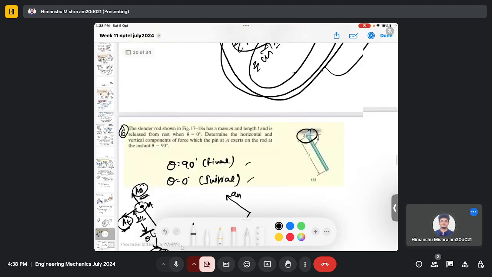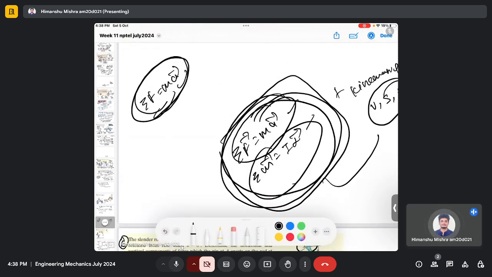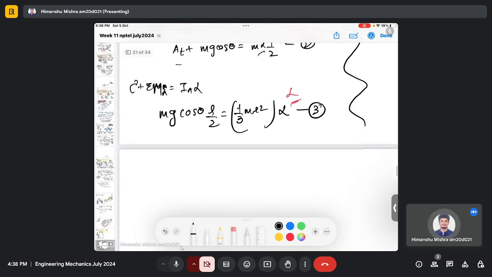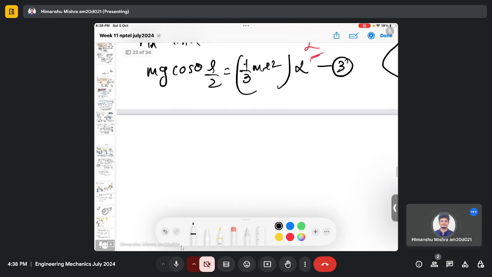As I said before this question, apart from the force and moment balance equations, I am also going to use kinematics relations. So one of the kinematics relations is omega d omega equals alpha d theta.